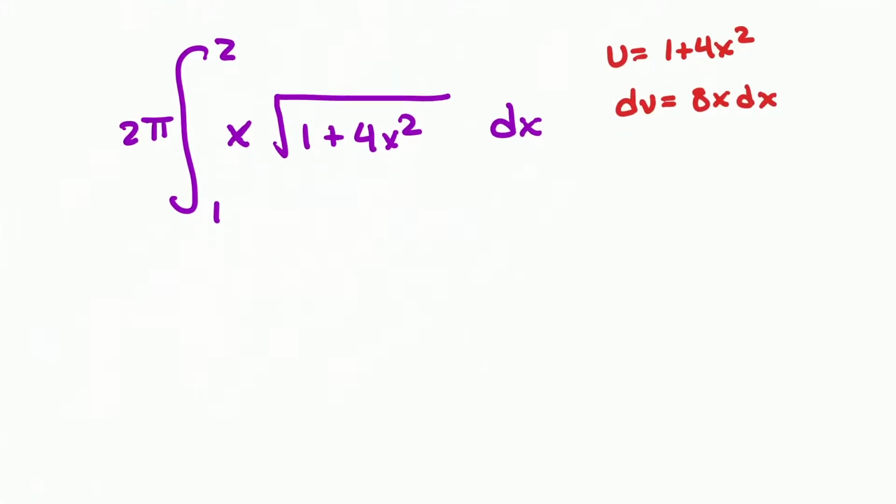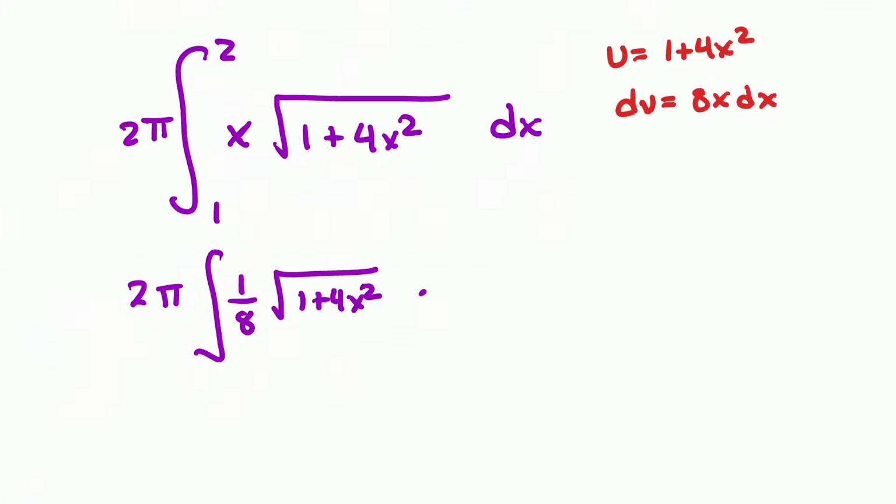I'm going to go ahead and do this the way that I like to, and that is to make this rearrangement: 1 over 8 radical 1 plus 4x squared times 8x dx. Now, let me point something out before we go on. On the last test, and on the previous test for that matter, we had a couple of substitution problems, and I noticed that those of you who skipped this step were more likely to get it wrong.